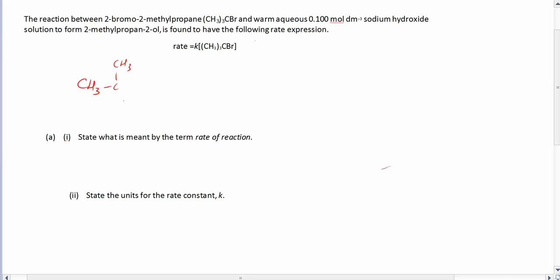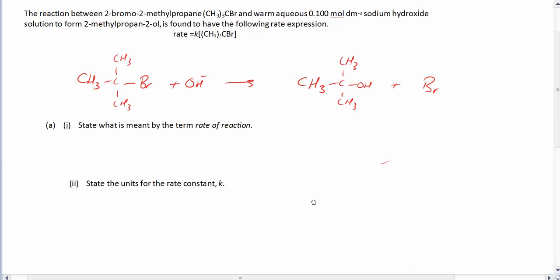Let's just have a look at the reaction. Like this, there's our bromine, and we're reacting it with hydroxide here. We're doing a simple nucleophilic substitution reaction, replacing the bromide with hydroxide.